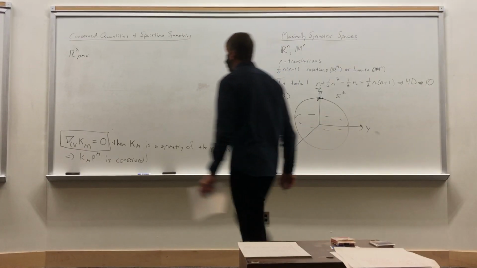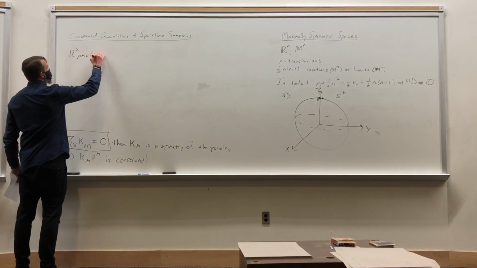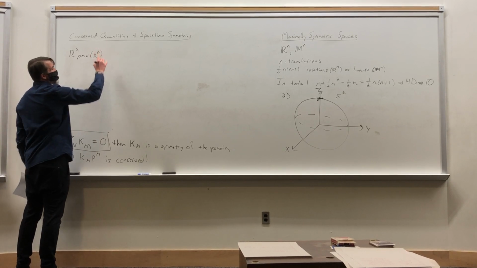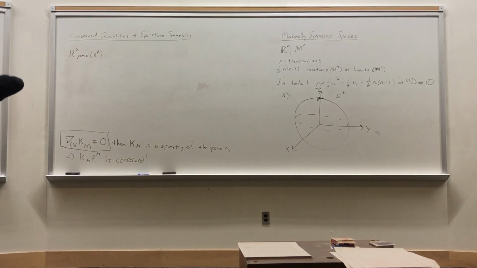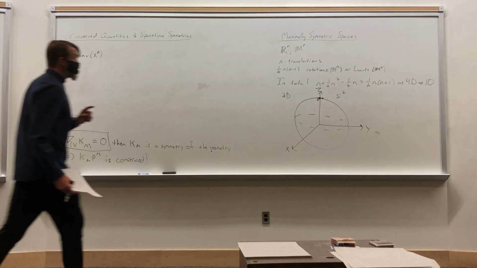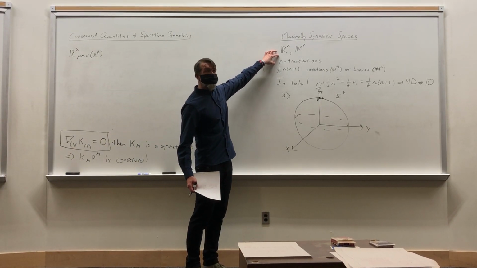Okay? In general, this can depend on where you are in the space. The curvature tensor can be a function of where you are, unless your space is maximally symmetric. Maximally symmetric spaces have translational invariance.